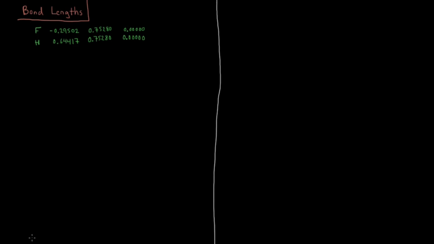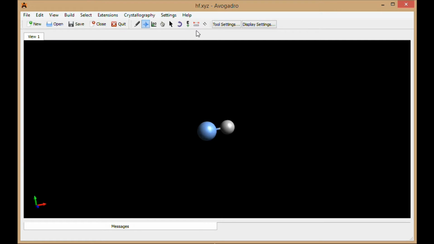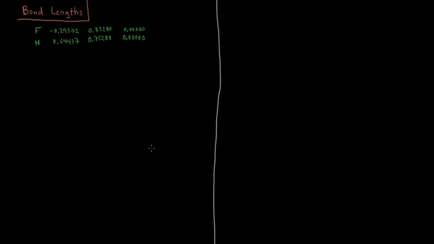Okay, so how do we calculate this bond length for this molecule, which, if I go to this measurement tool, Avogadro claims to be 0.939 angstroms? How do we arrive at that value? We know that our nuclei are represented as fixed 3D Cartesian points in an XYZ file. So what we need to do is find the distance between 2 points.